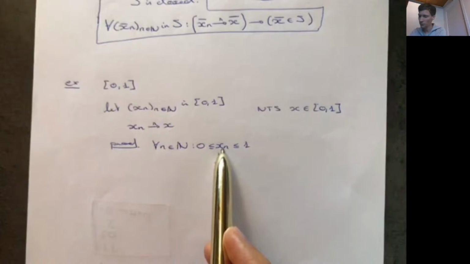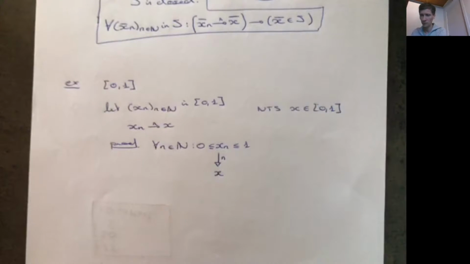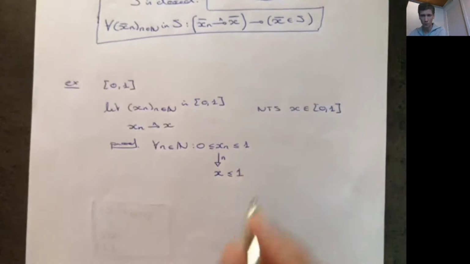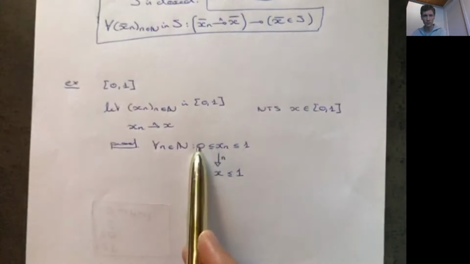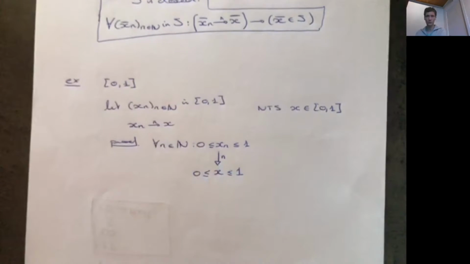So if you have a sequence of numbers and every number in the sequence is less or equal to 1, then by a previous theorem, a couple of lectures ago, the limit keeps the inequality, right? Similarly, if every number is greater or equal to some number, then the limit should also be greater or equal to this number.